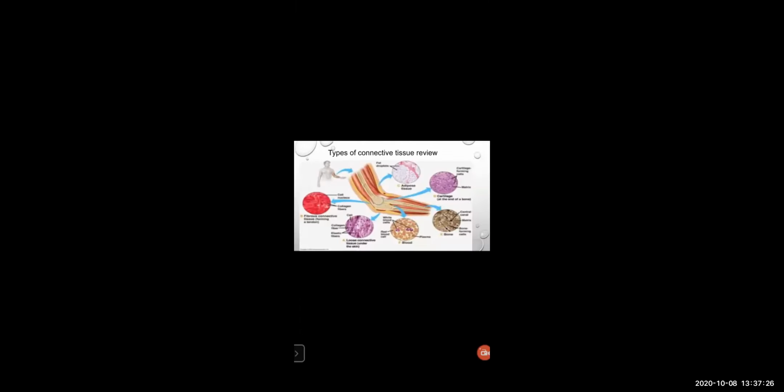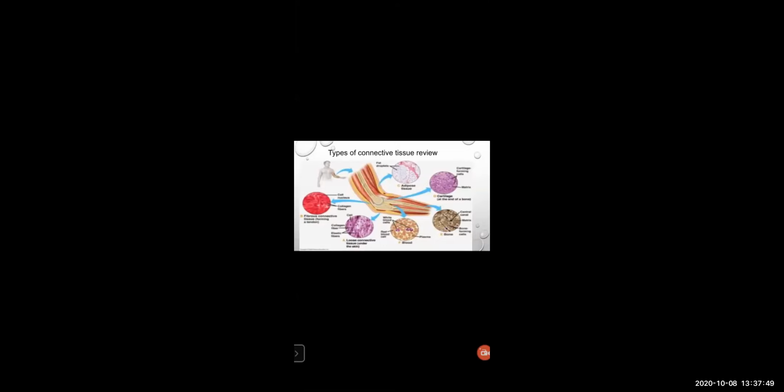We have studied about the blood, which is a liquid connective tissue. There are different types of cells like leukocytes, meaning WBCs, erythrocytes, meaning RBCs, platelets, which are embedded in a liquid plasma.